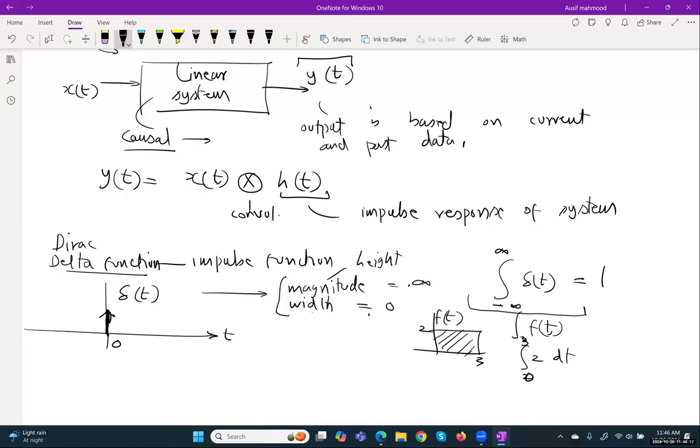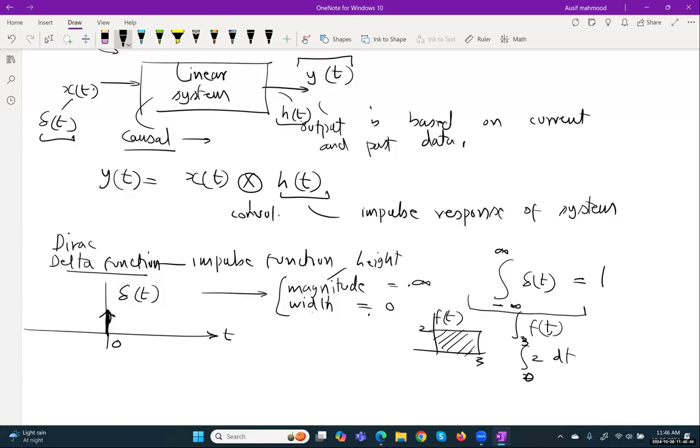So now coming back to the way nature behaves, if I give this input to be delta of t and I observe the output, and I call that output h of t, then that h of t, which is the output based on the input of a delta function, is called the impulse response of the system.